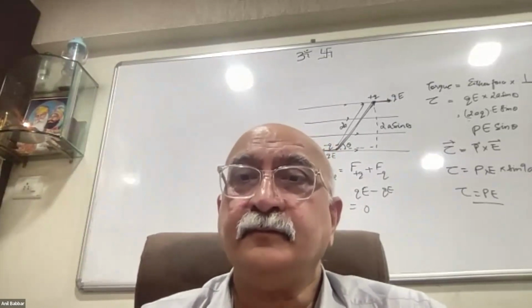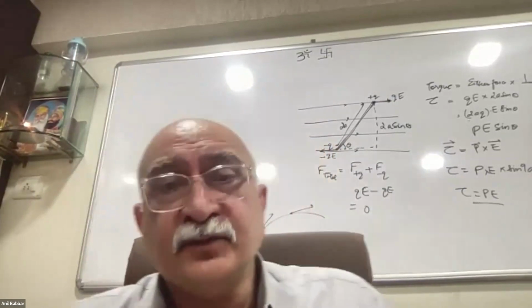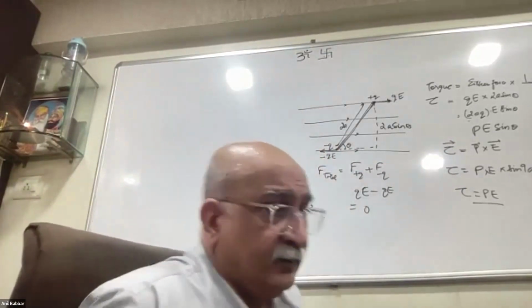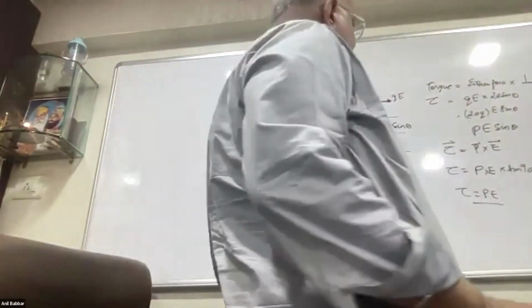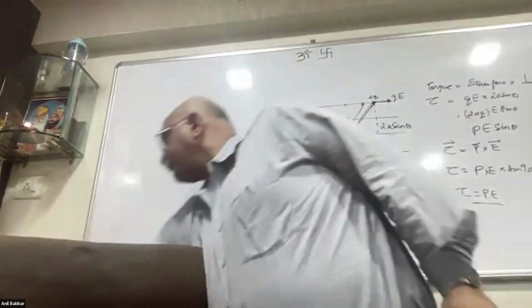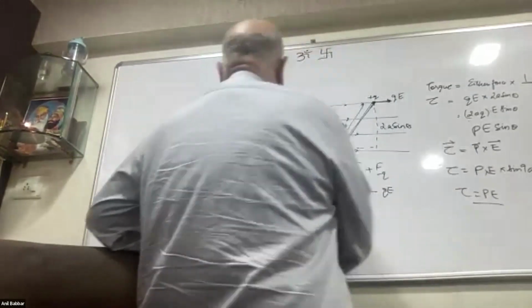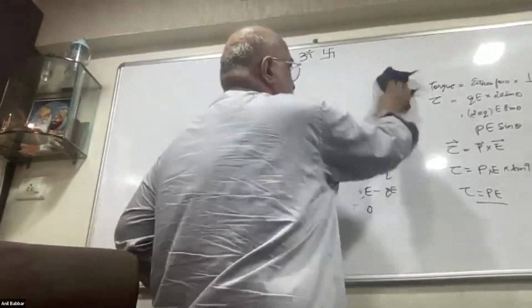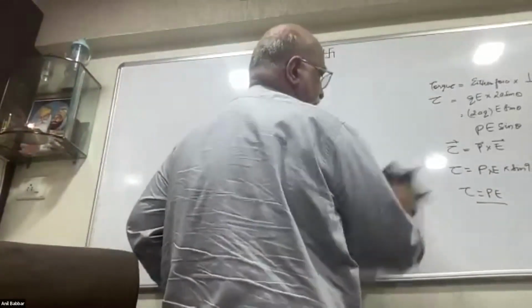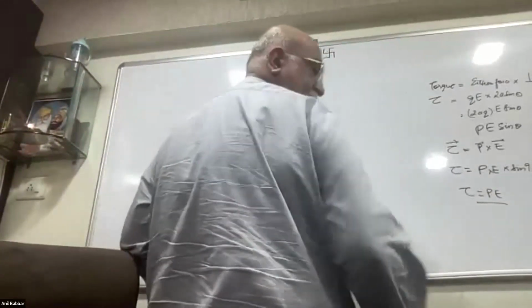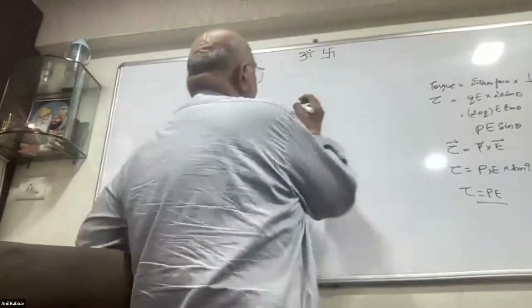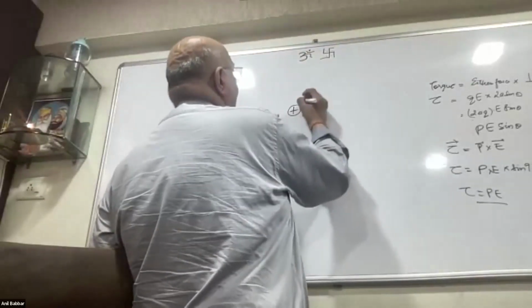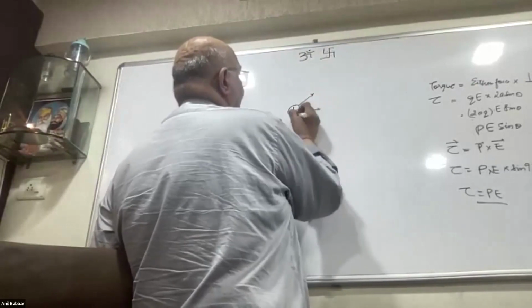So if we are to draw lines of electric field, suppose we take the spherical charge first. Here is the same positive charge. The electric field will be like this, outwards.